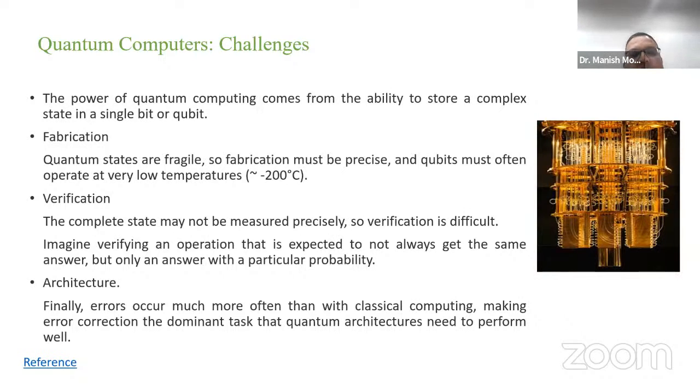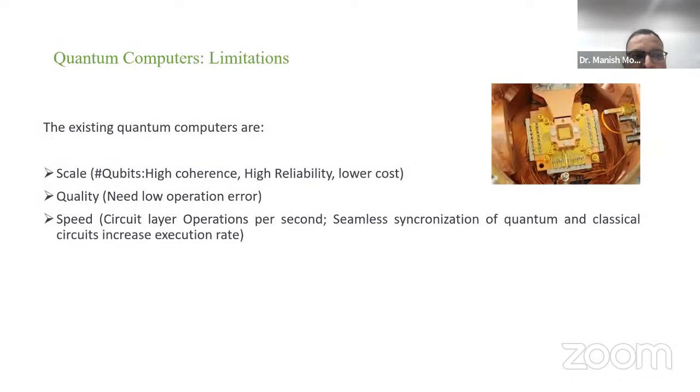Similarly, in the architecture, more errors occur when we do the computation than in classical computing. Those errors come from the different gates, and I'm not going deeper into the gate side, but the error propagates as we go further and further. That's where the error is also one key factor: how to control the error, right?